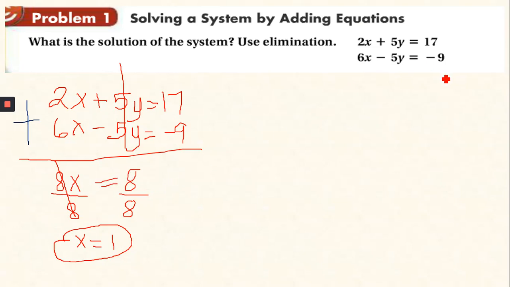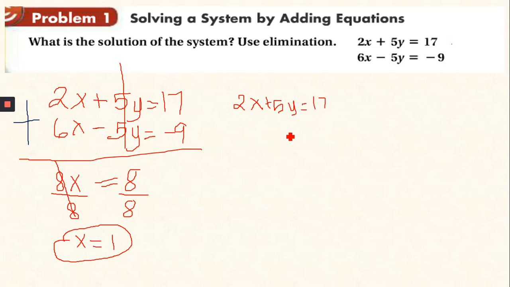This time, we're going to solve for y. In solving for y, you can use either equation 1 or equation 2. Okay, let us try to use equation 1. You have 2x plus 5y equals 17.